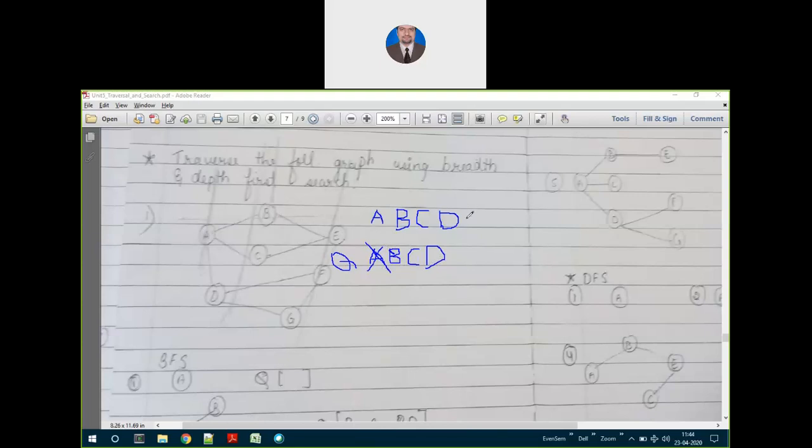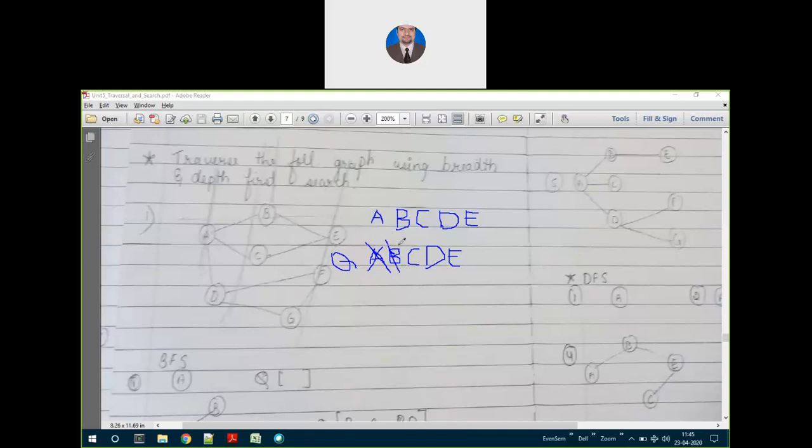So that E I will add into my visited array, that is the BFS search list, and then the same E I will add into my Q. At this stage, all adjacent vertices from B are visited. That means I can say B is explored.